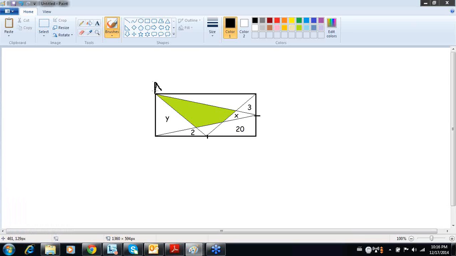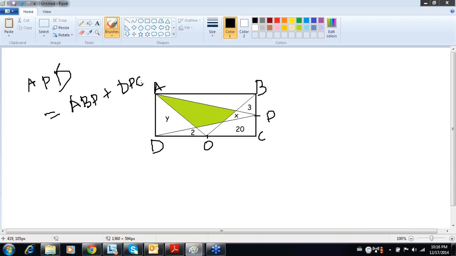So let's say A, B, C, D, O, P. This is our nomenclature. So area of APD will be equal to area of ABP plus area of DPC.